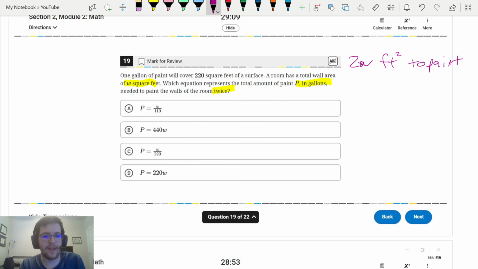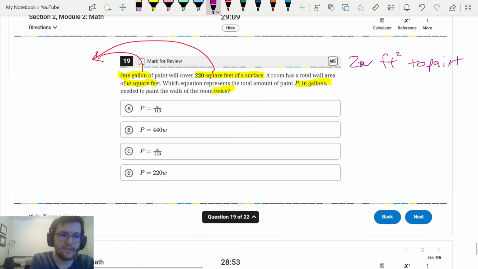So, and we've got 220 feet squared per gallon. So this guy here is telling us that it's 220 feet squared per gallon.